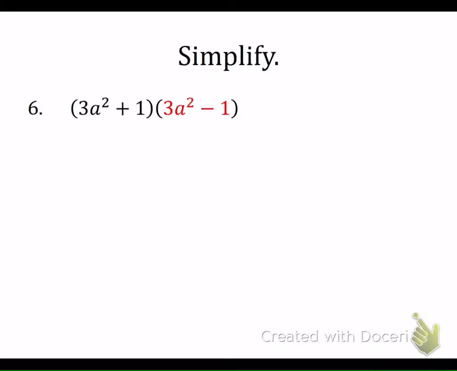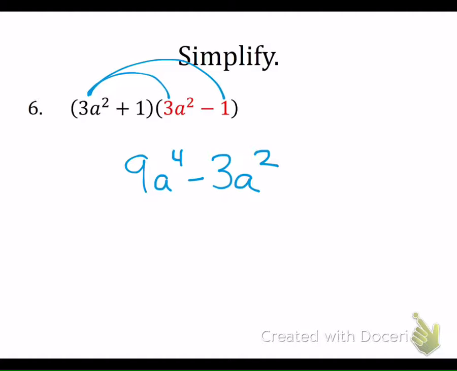Number 6. How do I start this? Distribute. 3a squared times 3a squared. 9a to the 4. Good. 3a squared times negative 1. Negative 3a squared. Good.